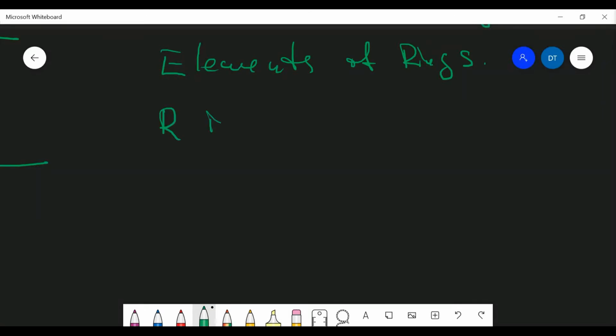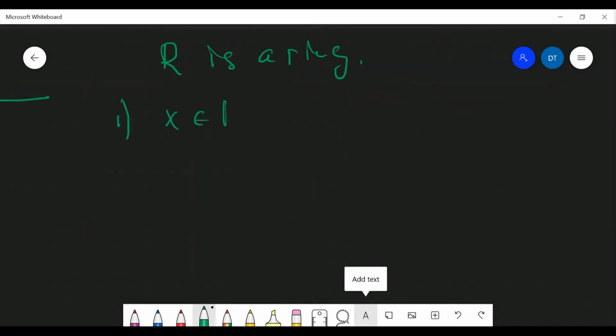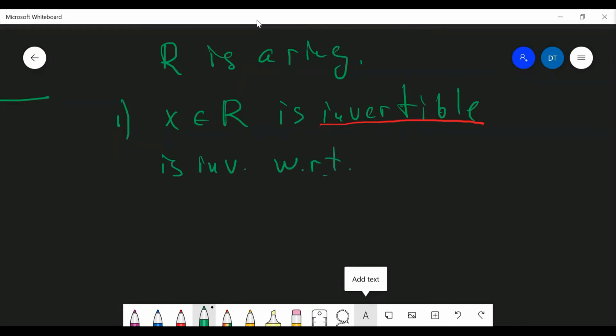So let's try to classify what kind of elements we have. Suppose R is a ring. Now if we have an element x in R, we say that it's invertible if it's invertible with respect to multiplication.